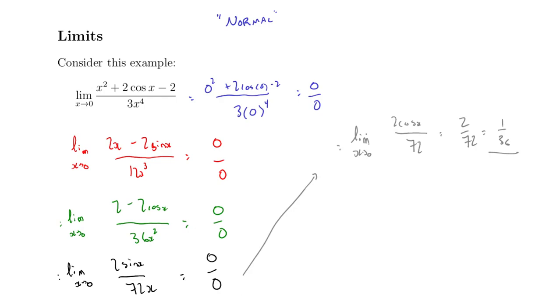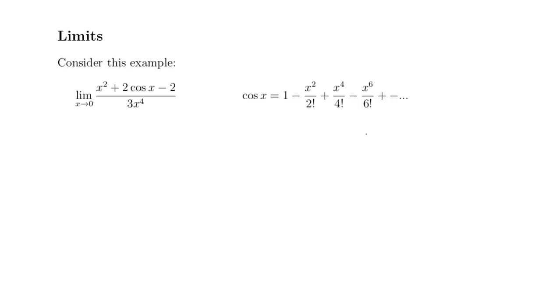But let's take a look at an alternate way of evaluating this limit where we're going to use the fact that cosine of x is this nice Taylor series of all the even exponents, negative 1 raised to the k, x to the 2k, over 2k factorial. Now, I'm going to put it in like this so that we can see all of the terms. Let's go ahead and chuck this in right here for our cosine of x.